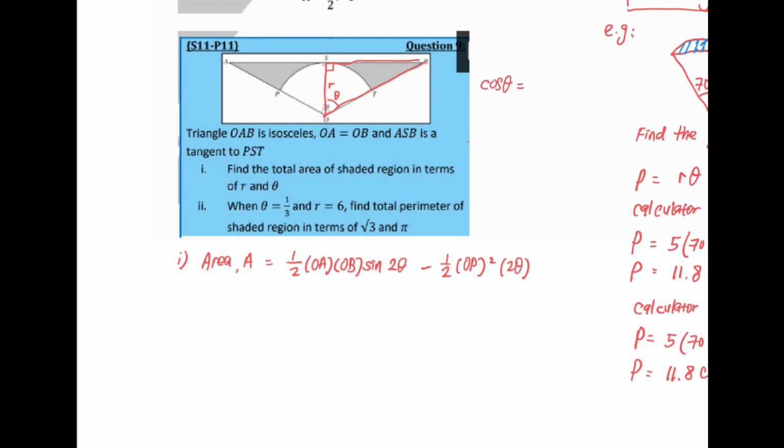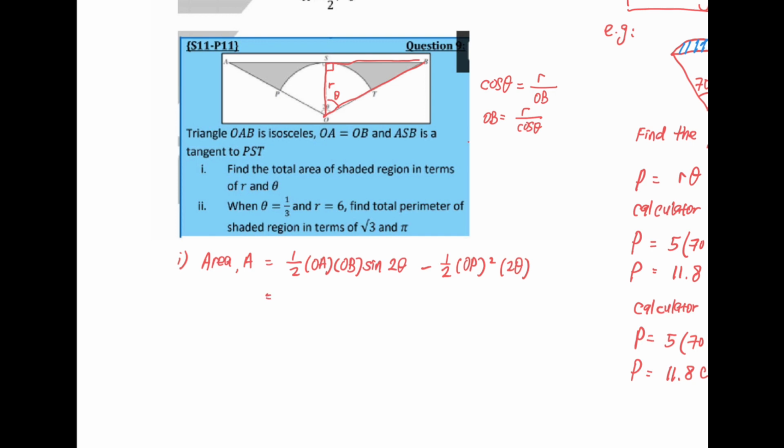Cos theta equals adjacent over OB, and hence OB is R over cos theta. So R over cos theta is the OB. Now it is okay to put it in terms of R and theta, as I said, the answer is in terms of R and theta.